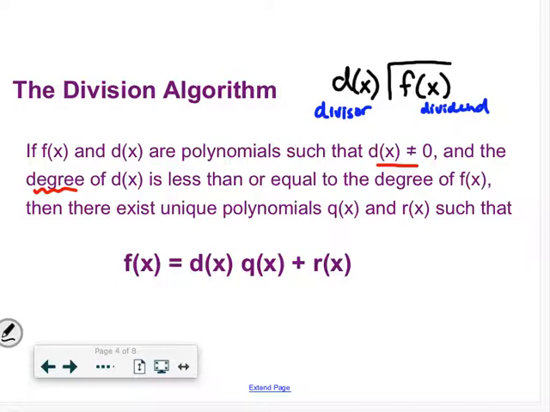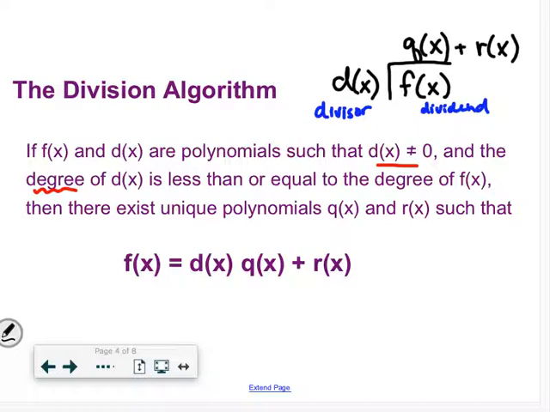Okay. And then there exist unique polynomials, so a single answer, q of x and r of x. And in this division, remember the answer to your division problem is called a quotient. So q of x is the polynomial at the top of the long division. That's your quotient. And then you might have some r of x.